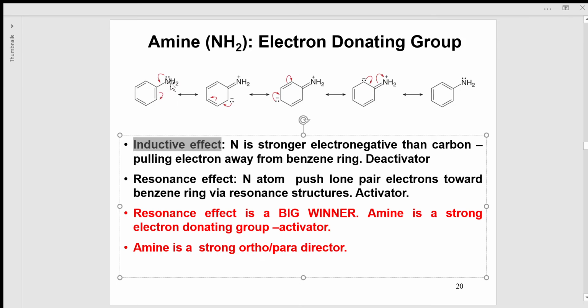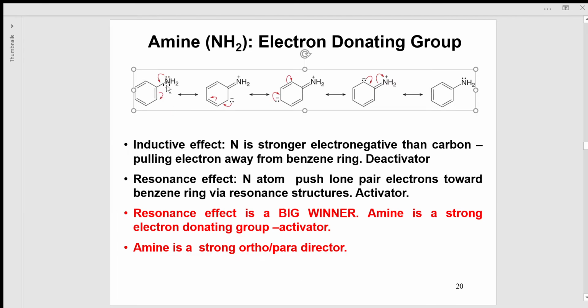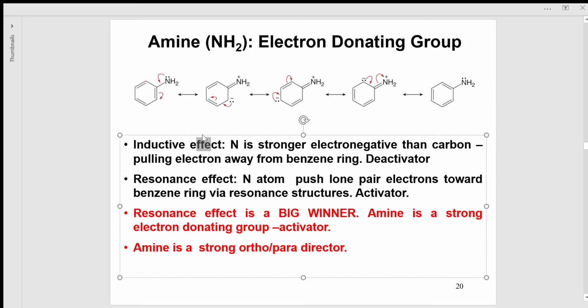Because nitrogen is a more electronegative atom, it is going to pull the electrons away from this bond, or from the benzene ring. So we see the amine group here is an electron withdrawing group. It pulls the electrons away, so it is a deactivator. Okay, this is only one effect.